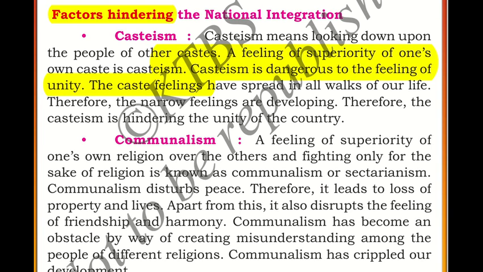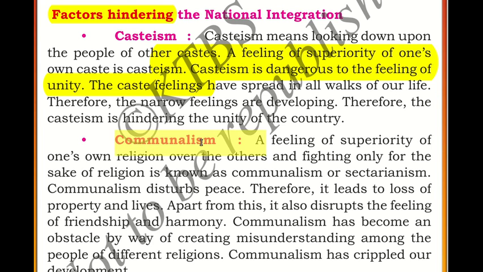Casteism is dangerous to the feeling of unity. The caste feelings have spread in all walks of our lives. This is very unfortunate. Let's hope that the upcoming population, that is you all, have the sense and courage to overcome casteism. Therefore, narrow feelings are developing, and casteism is hindering the unity of the country.